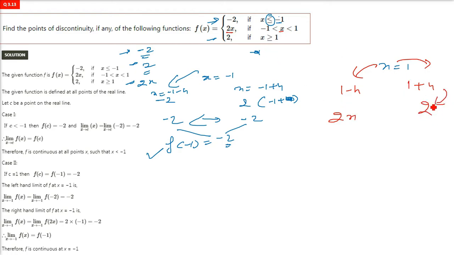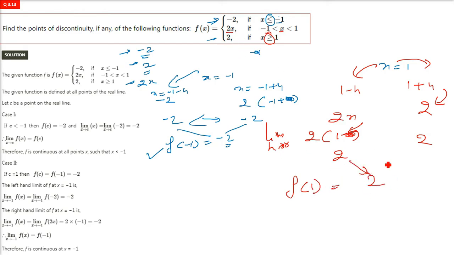So 1 plus h you cannot put here, so it will remain as 2. Here you can put 2 into 1 minus h. So just apply the limit h tends to 0. So it will be 2, 2 here, 2 here. And then we have the function value at x equals 1, which is already given as 2. So LHL, RHL and the value of the function at 1, they all are 2.